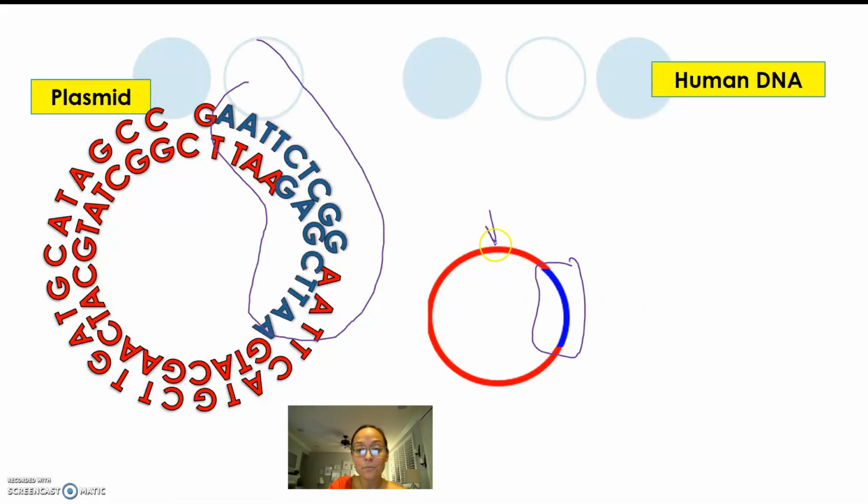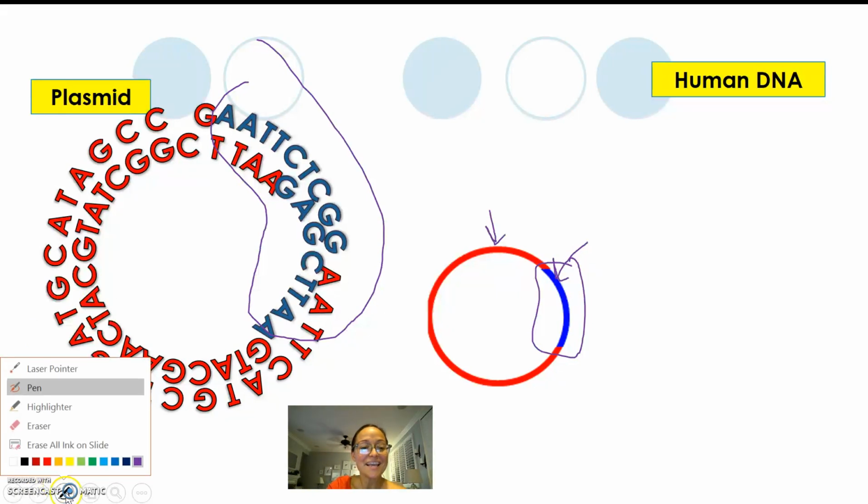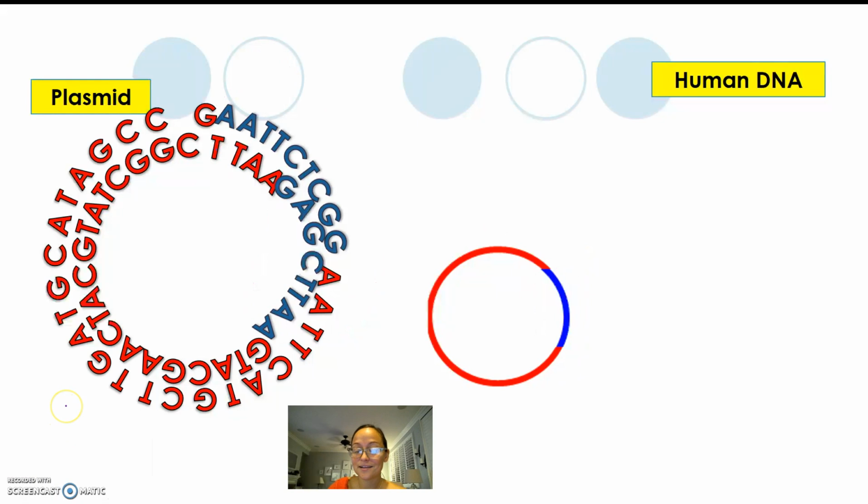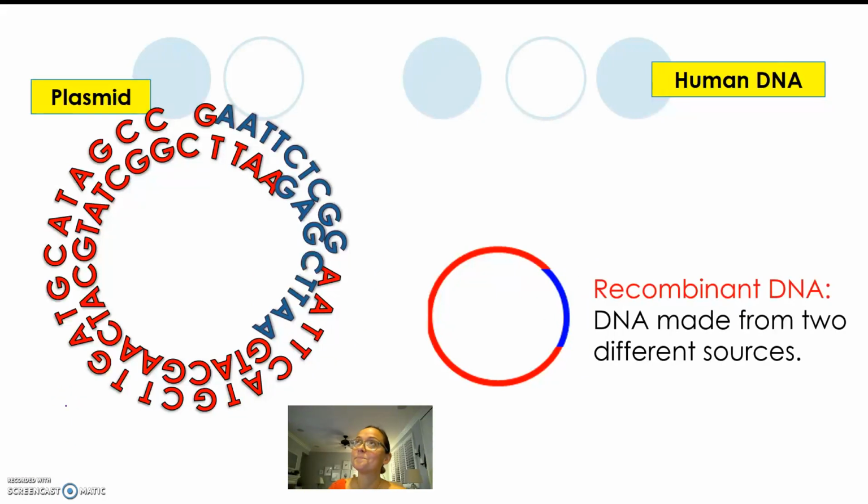I have DNA from one source and DNA from another source put together. Now the coolest thing about this is that when we look at the genetic code, the bacteria's enzymes can read human DNA as if it was their own.